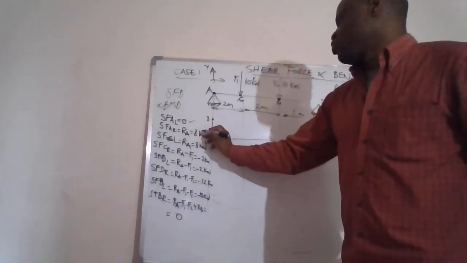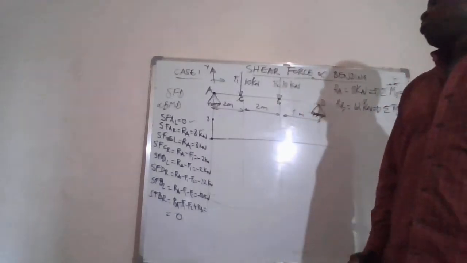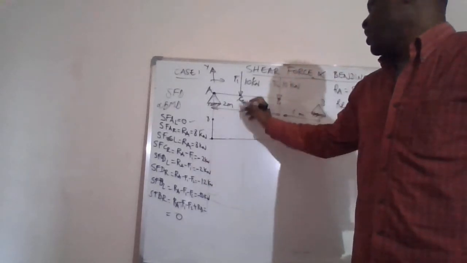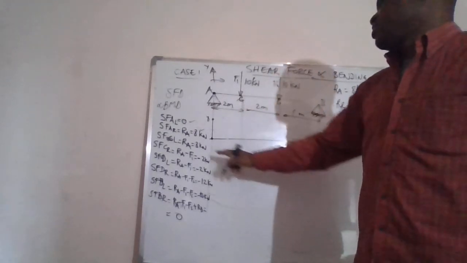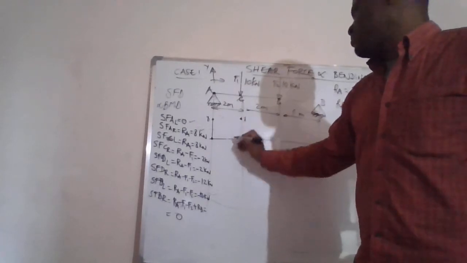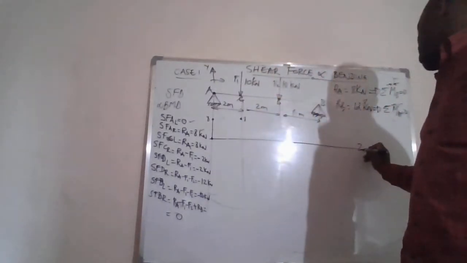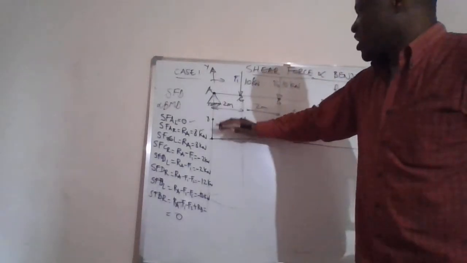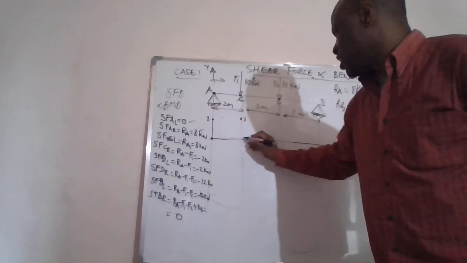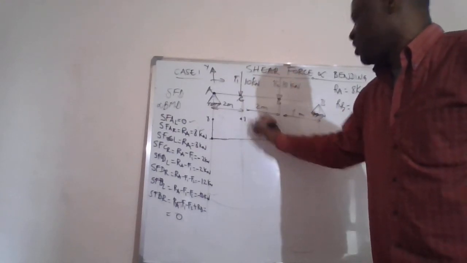We're done with these two. Now we're going to C, left and right. We are here. C left is 8. We are on C. Again, 8, because this is a 0 line. We call this our 0 line. Everything is taken from the line to the value. If this is 0, 8 is here. 0 on C, 8 is here.